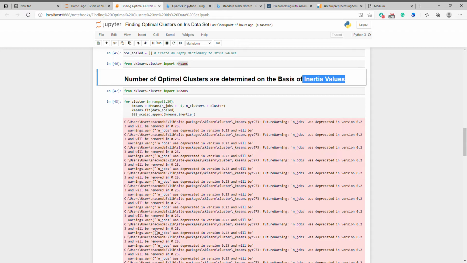So for forming a good, compact and small cluster, inertia must be as low as possible. So I have to find for which cluster.